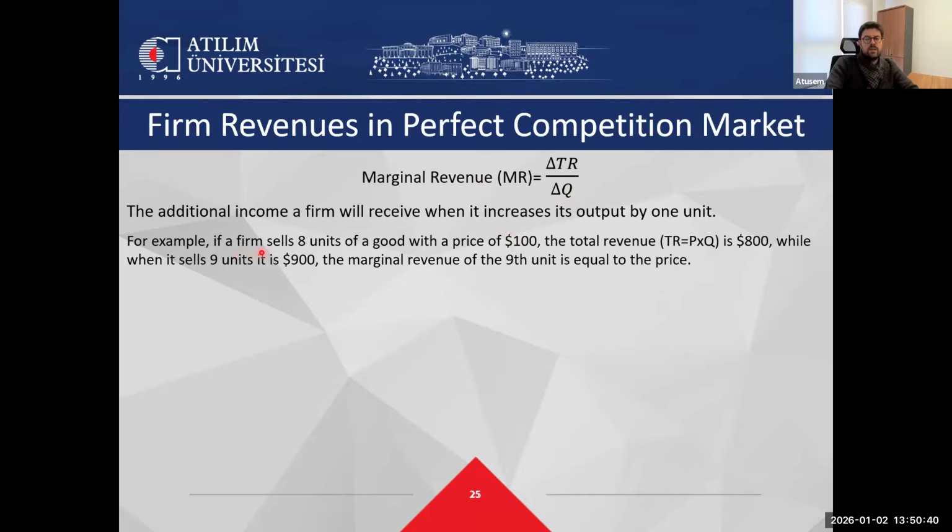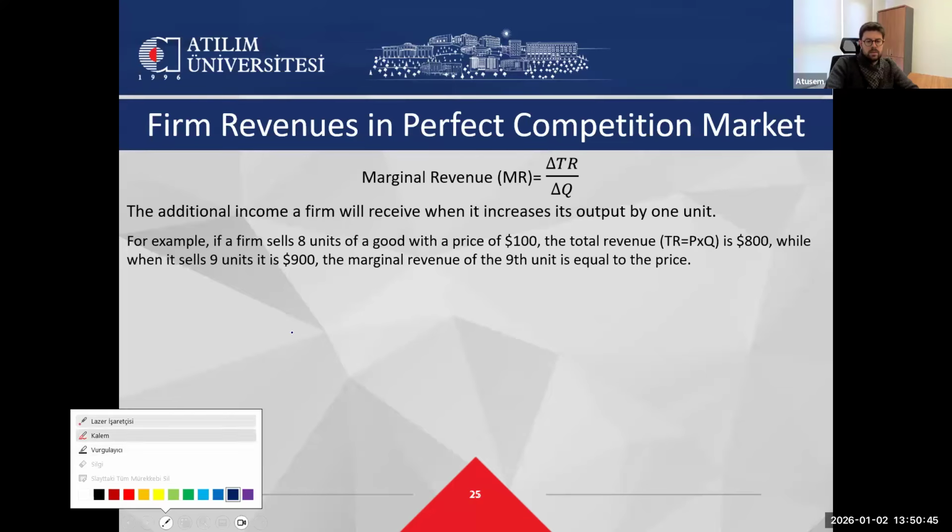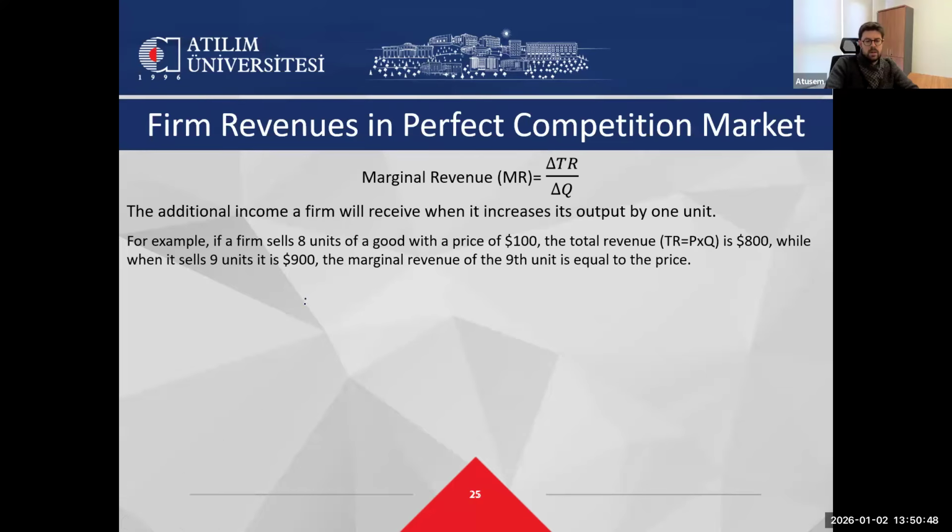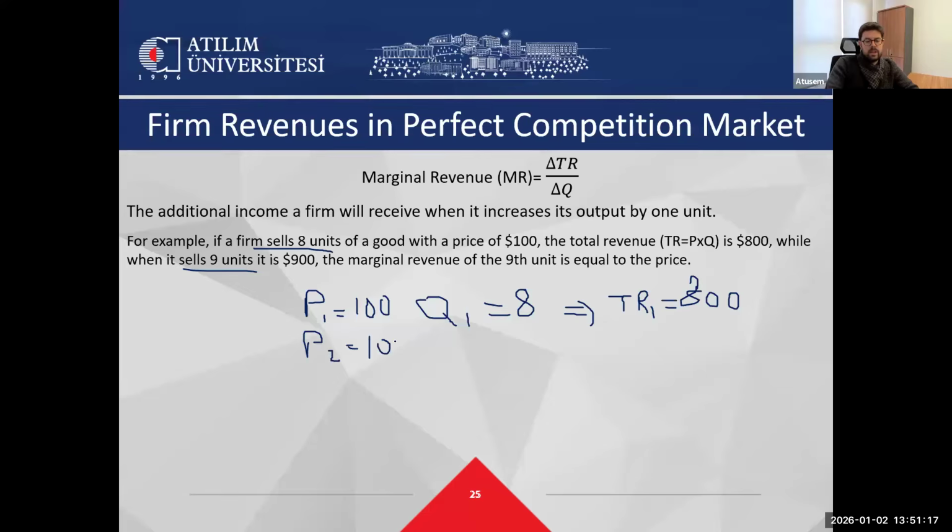Let's assume that in the first condition, price is 100 and quantity is 8, so total revenue is 800. Then we cannot change the price. Price is the same, again 100.